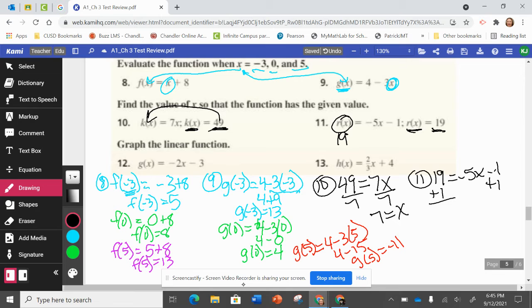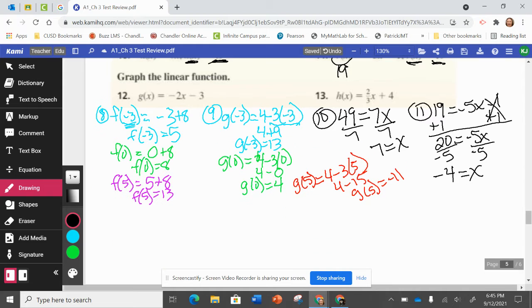Add 1 to both sides. 20 is equal to negative 5x. The opposite of multiplying by negative 5 is dividing by negative 5. 20 divided by negative 5 is negative 4. So negative 4 is equal to x, and that's the answer they're looking for.